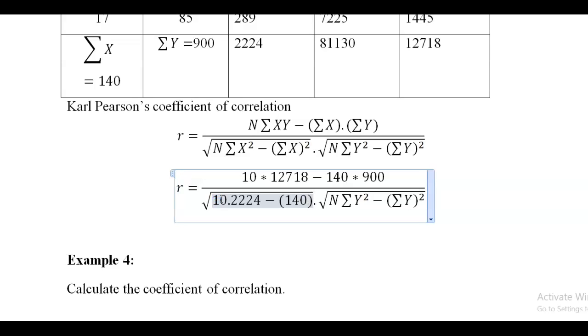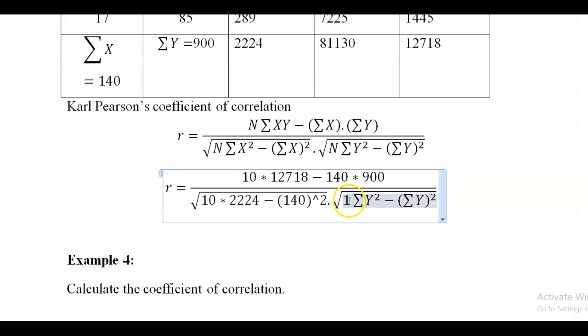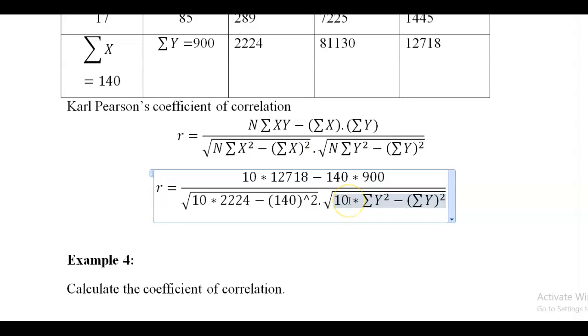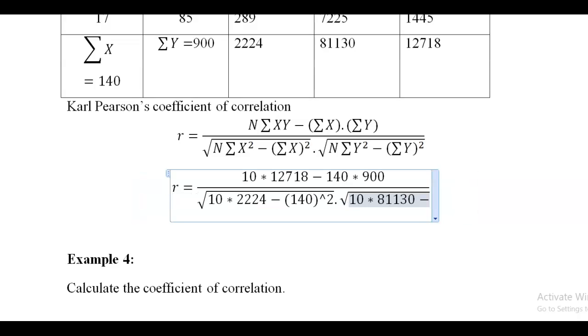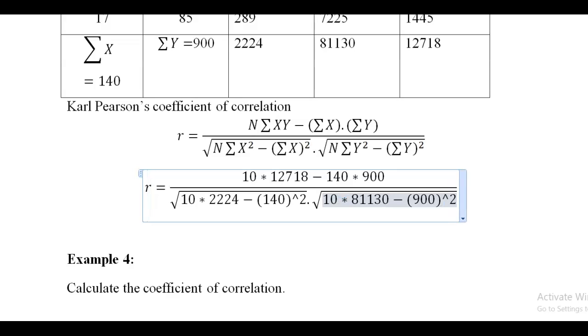So 140 the whole square, and here n is 10 multiplied by summation y square is 81,130 minus summation y is 900 the whole square.